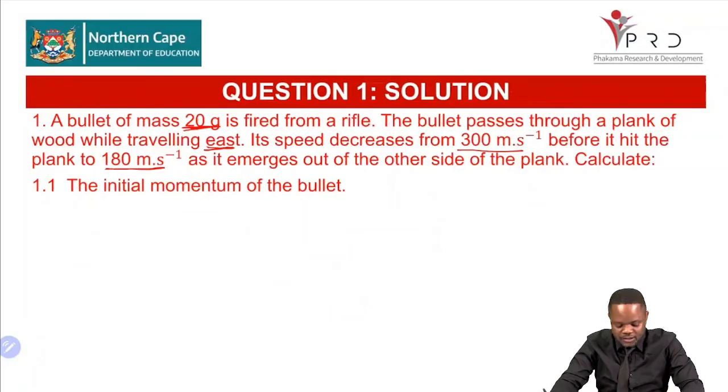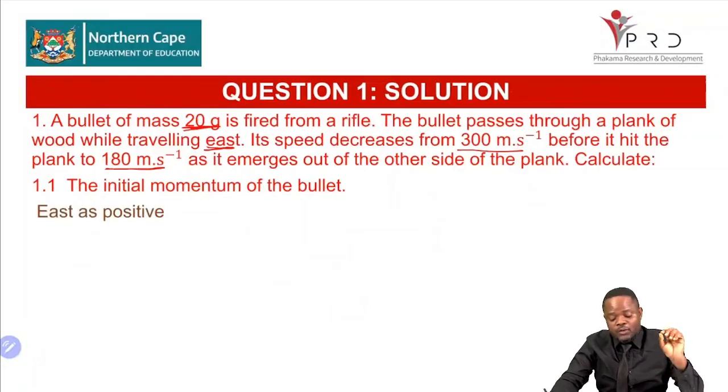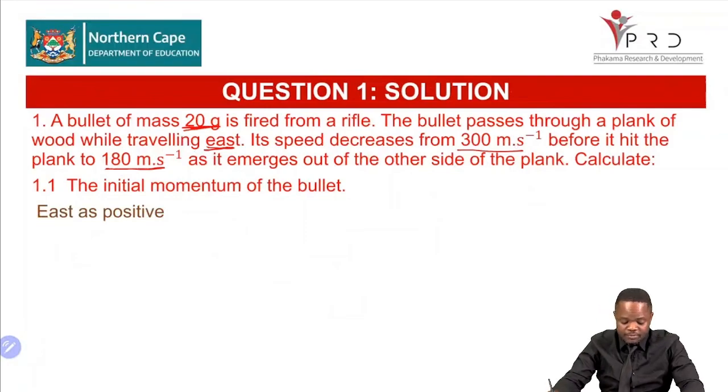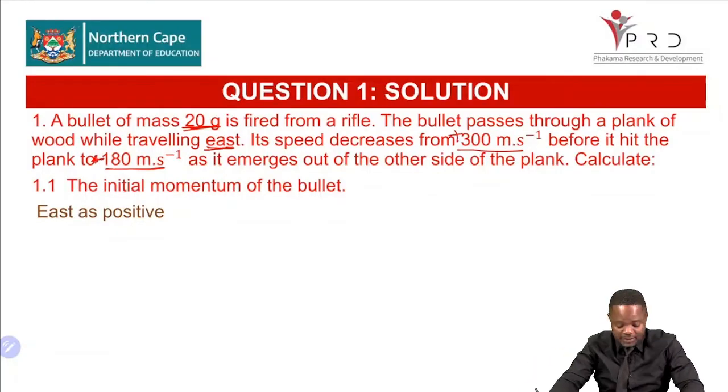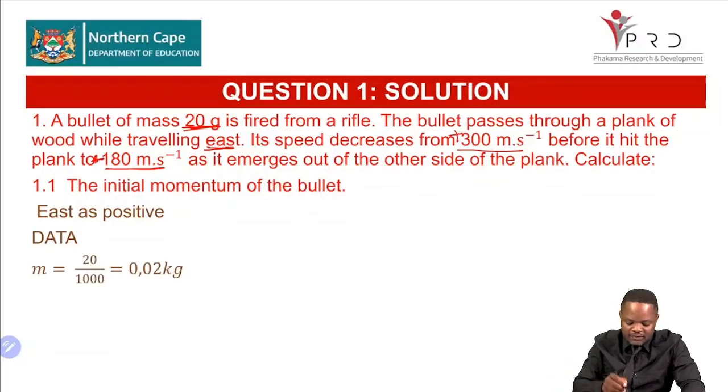These are the steps that we're going to take. East is positive, and therefore our velocity is positive. It's 300 meters per second east. The final velocity will also be positive because it is still in the same direction, that is east. Let's list our data. We're given the mass of our bullet, which is given in grams.